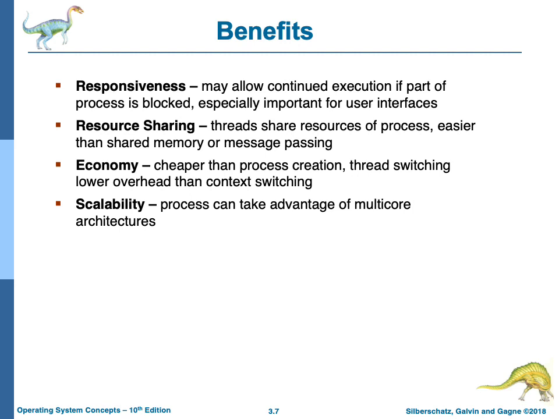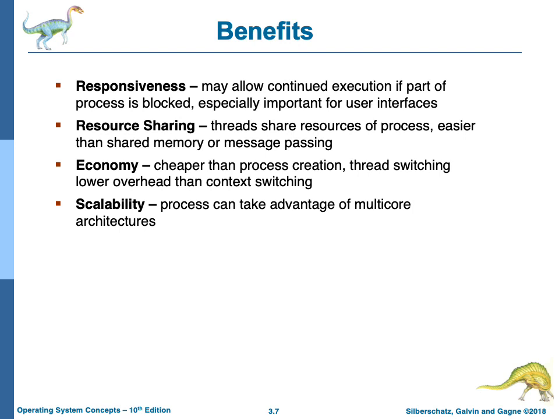However, threads do share the memory and the resources of the parent process to which they belong. Then economy: thread creation is cheaper than process creation, and it's faster to context switch between threads than to switch between processes.